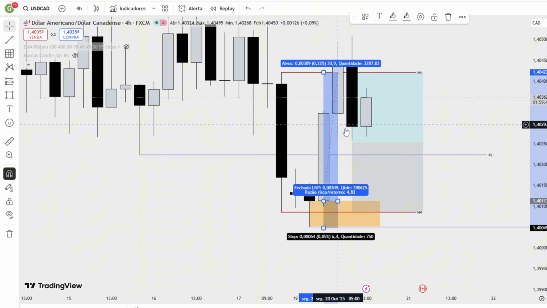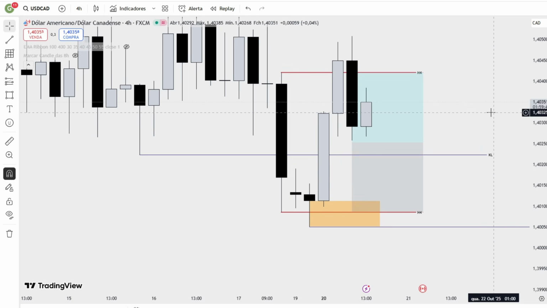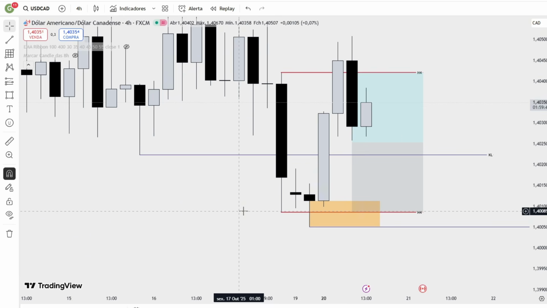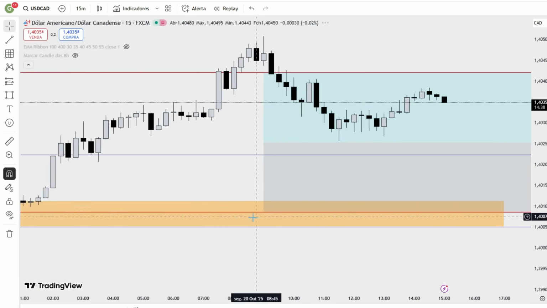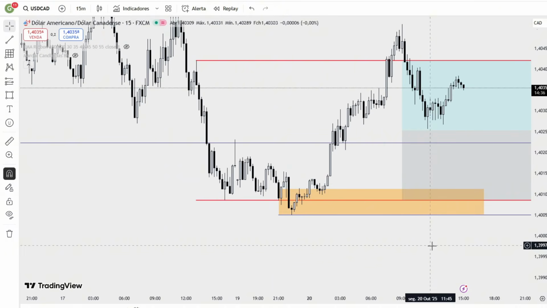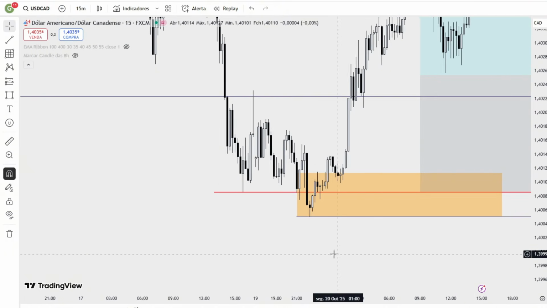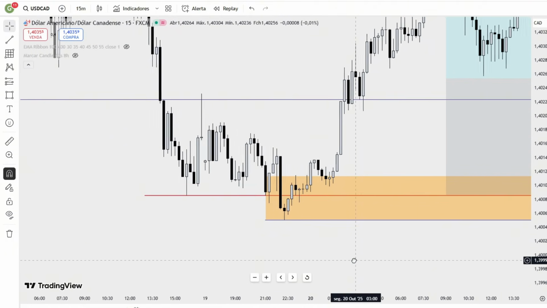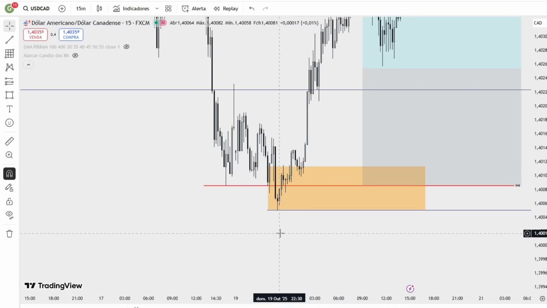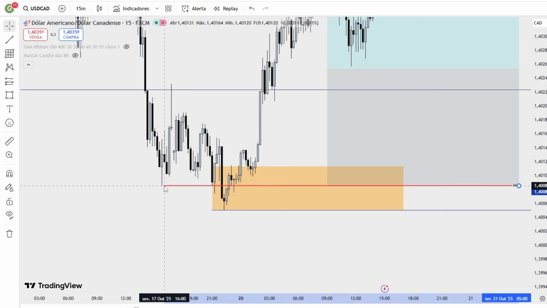And for the second entry, you're going to drop to the 15-minute. If you're looking at the 4-hour, you drop to the 15-minute, and then you wait for the same thing in the 15-minute. You have your CRT low right here.